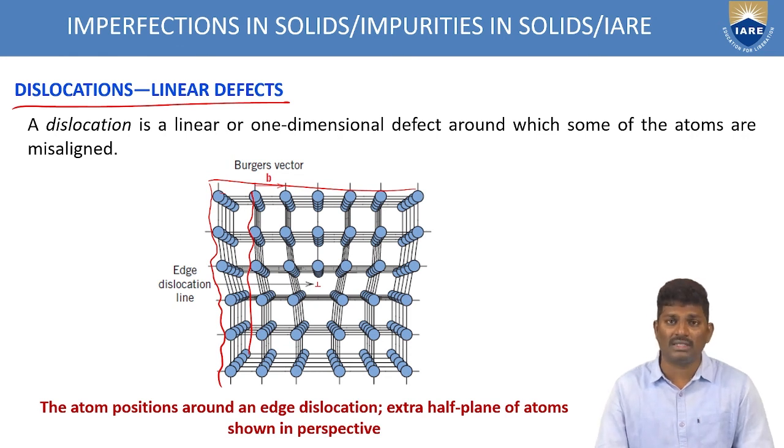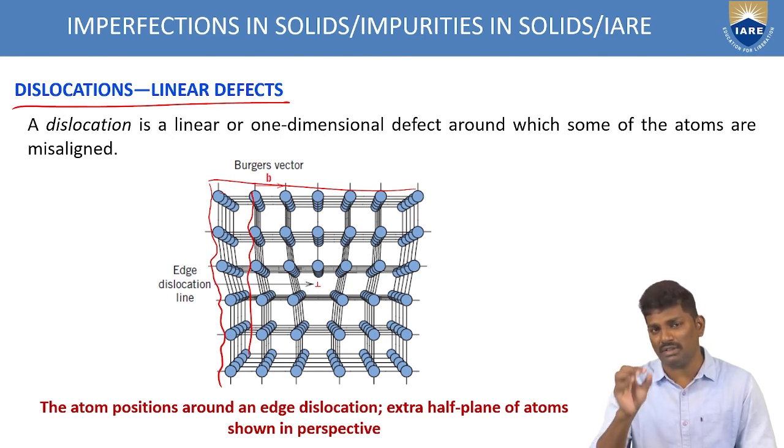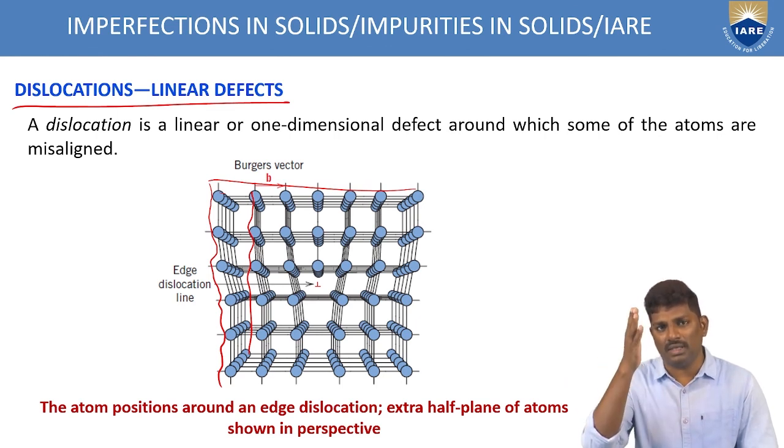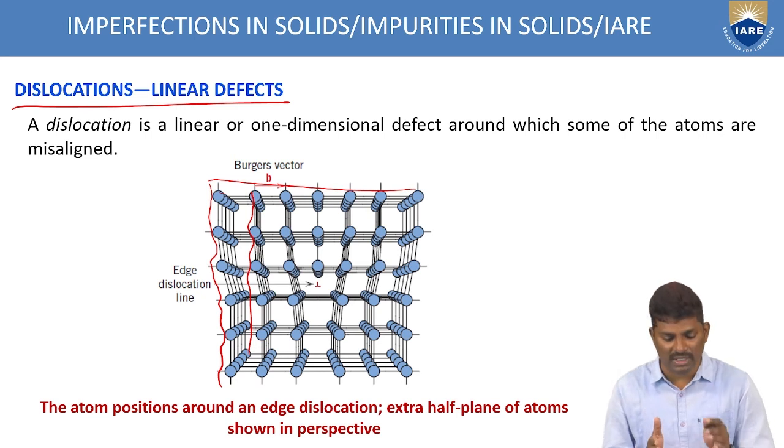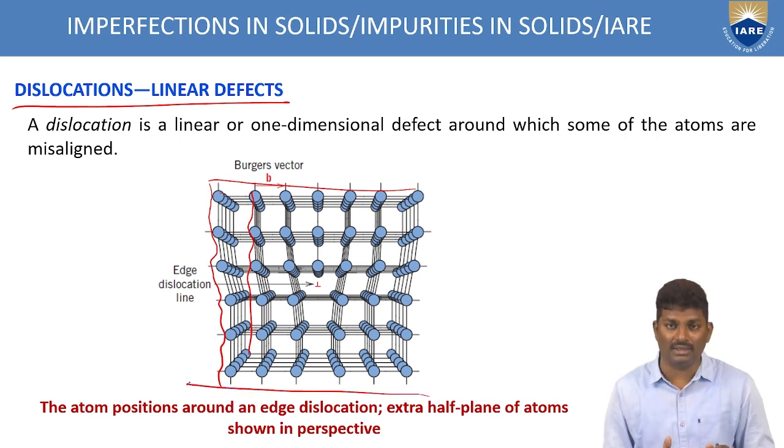A dislocation is a linear or one-dimensional defect around which some of the atoms are misaligned. Because of that vacancy, once the atom is vacated, the alignment changes. That's why you can observe in this figure there is some disorder in the line. In the line, you get this dislocation. So this is one type of linear defect.